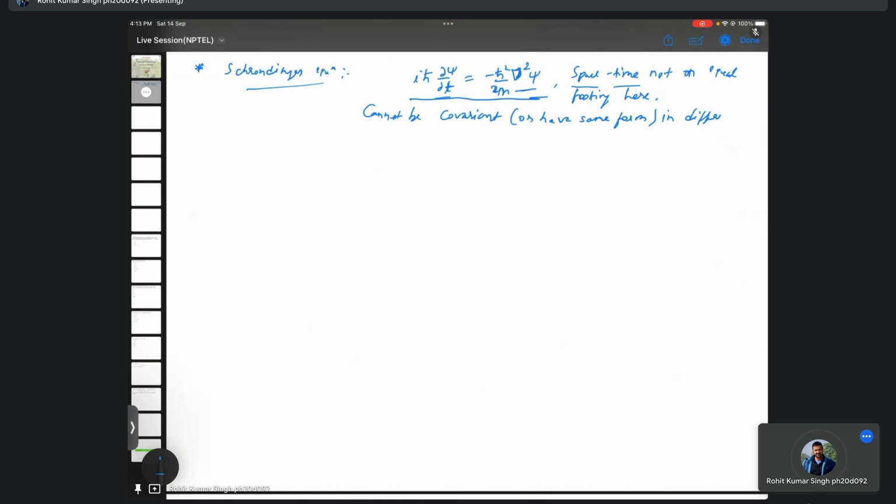This is why we need a different equation in the relativistic case.